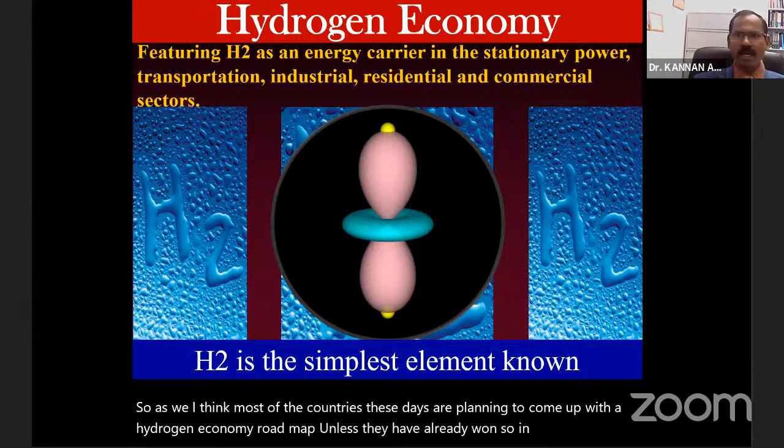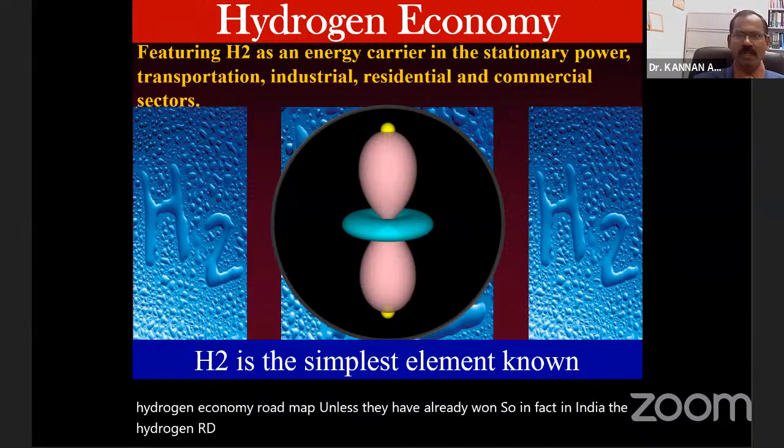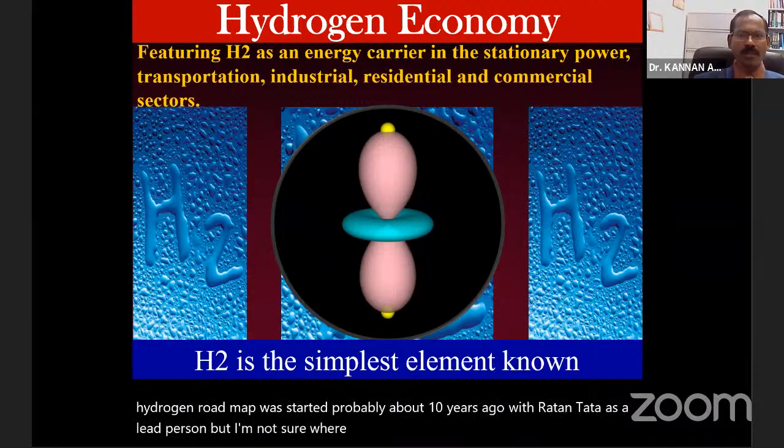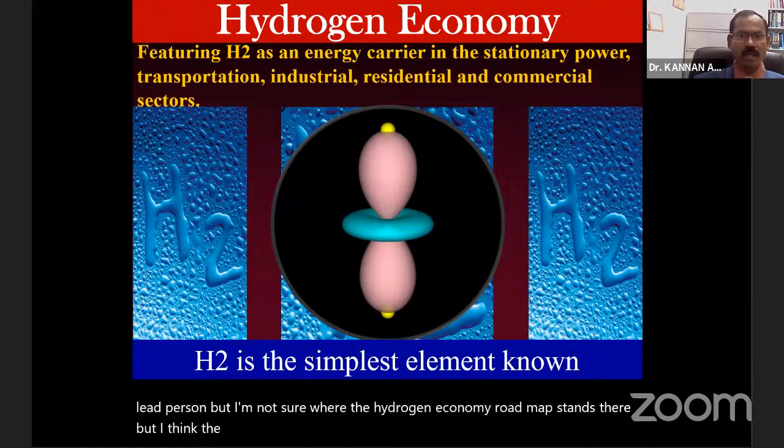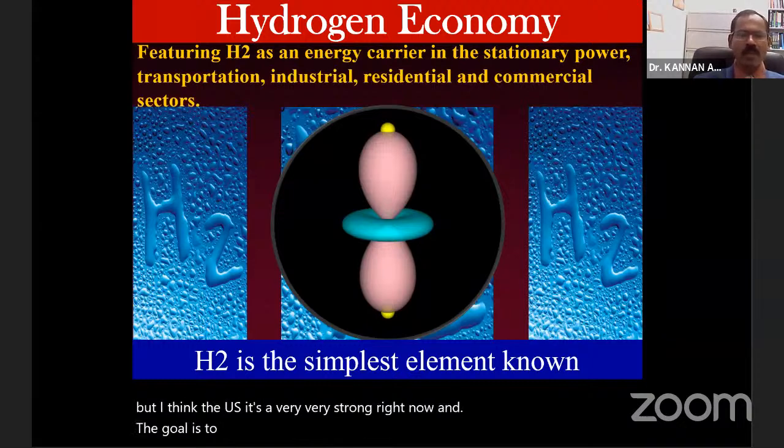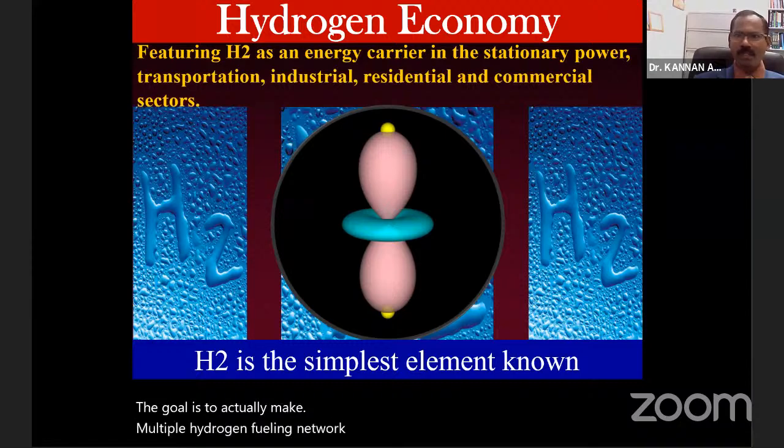In India, the hydrogen roadmap was started about 10 years ago with Ratan Tata as the lead person, but I'm not sure where it stands there. In the US, it's very, very strong right now, and the goal is to make multiple hydrogen fueling networks to introduce hydrogen vehicles, including larger trucks.